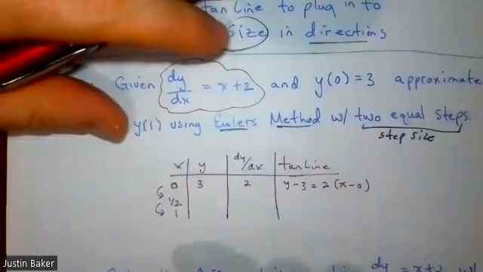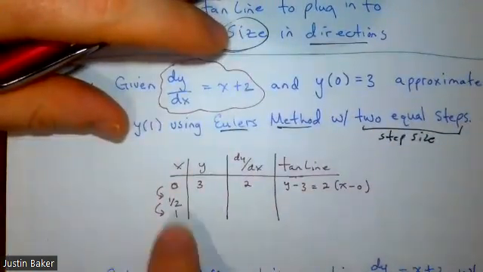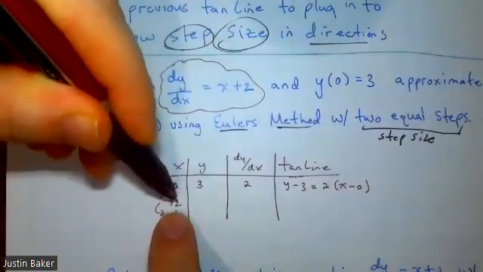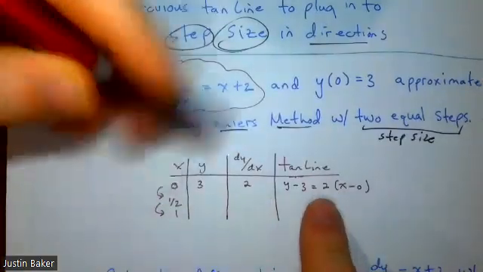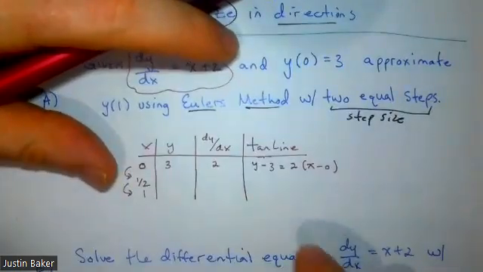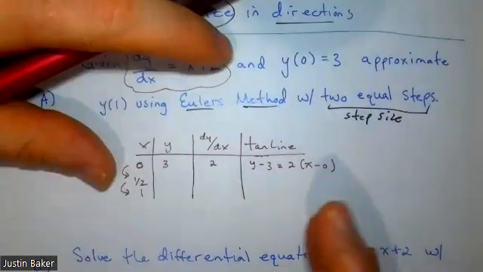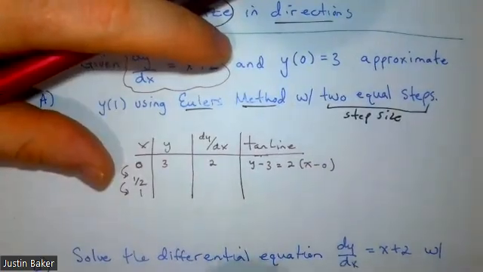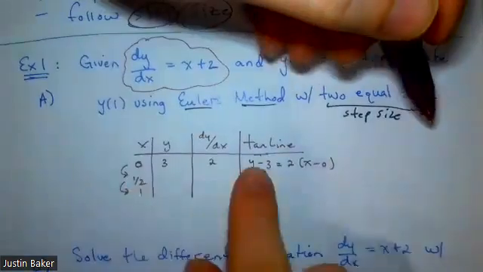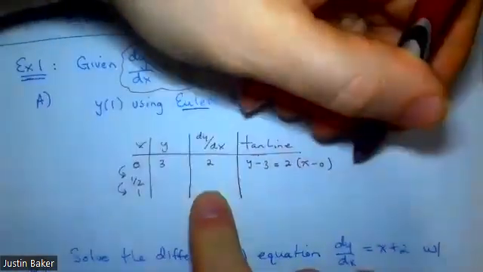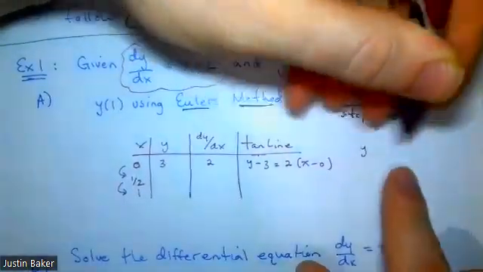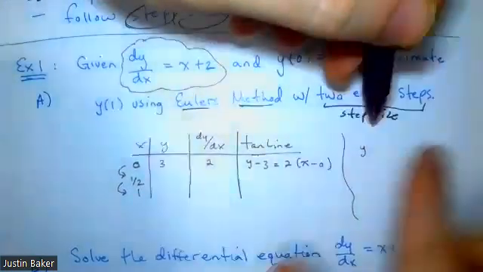Okay, so now we're going to take this half and we are going to plug it in to the previous tangent line. So what you're basically doing is using a series of tangent lines to come up with an estimation. So if I plug in 1/2 to this, I'm just doing my work off to the side, scratch work over here.